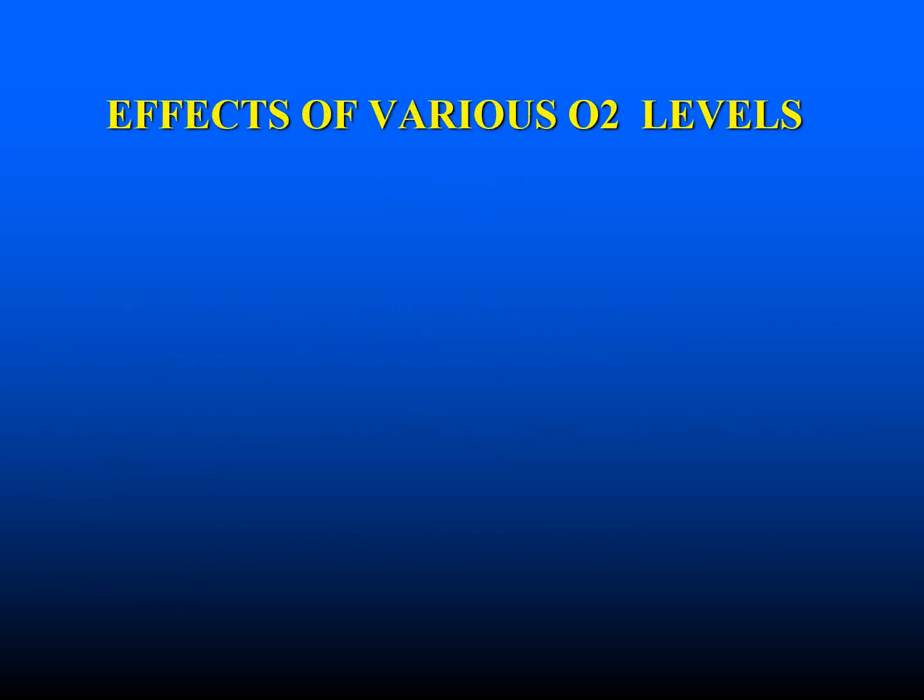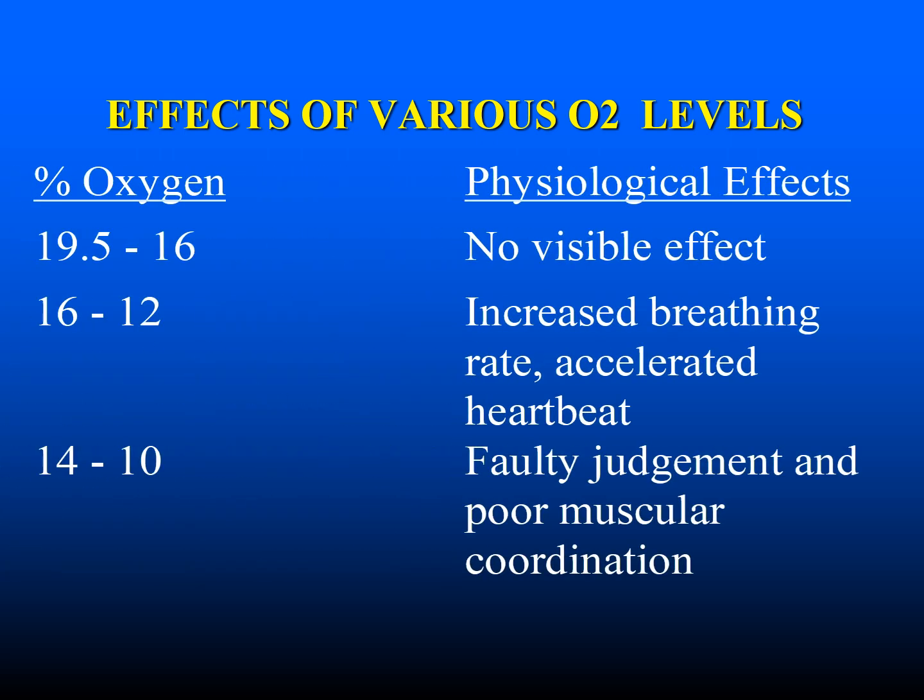Let's take a look at the effects of various oxygen levels. When the percent of oxygen is between 19.5% and 16%, there's usually no visible effect. Between 16 and 12%, it causes an increased breathing rate and accelerated heartbeat. Between 14 and 10%, it causes faulty judgment and poor muscular coordination.